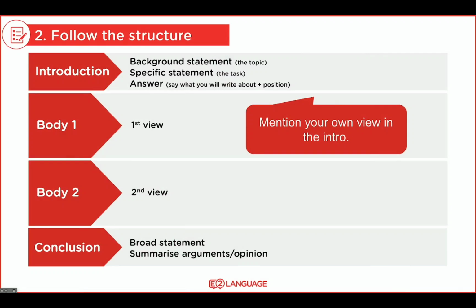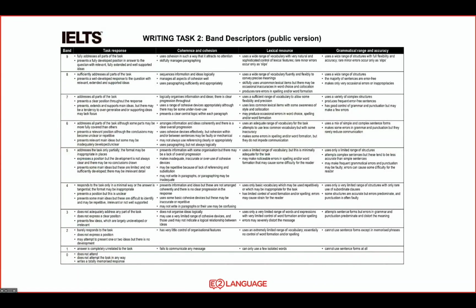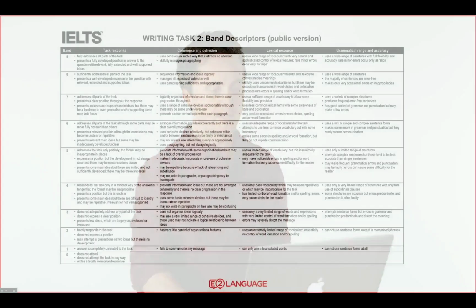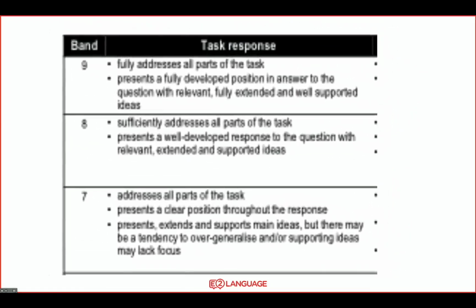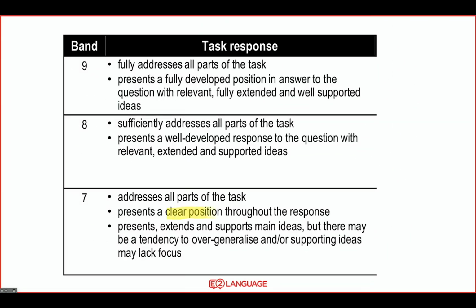So this question prompt didn't ask for my opinion. It just said to discuss both views. However, I am going to give my opinion, and I'll tell you why. I'm going to include my own view in the introduction. If you look closely at the criteria, this is what the examiners are looking for in your writing. And we zoom in on task response here.